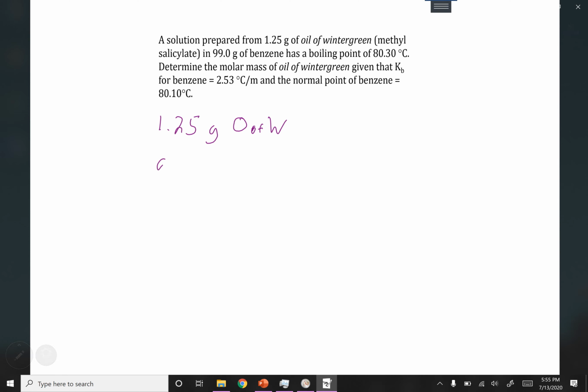They gave us 99.0 grams of benzene, and they told us that the constant is 2.53 degrees C per mole. Then they told us the normal boiling point for benzene is 80.10 degrees C.